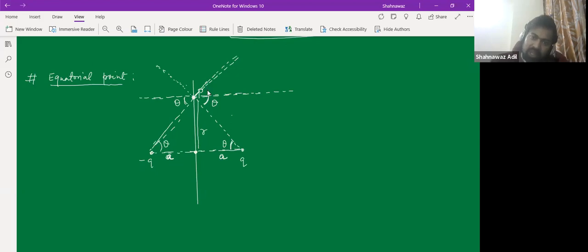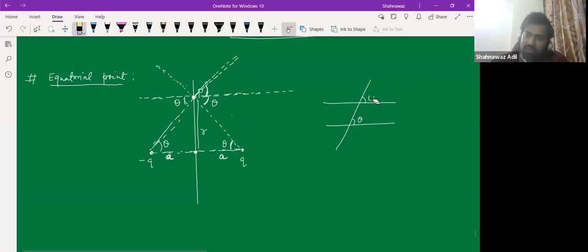So what would be this angle? If you have these two parallel lines and I have this angle as theta, what would be this angle? Sir, theta. Yeah, right, corresponding angles. So this is theta, so this would be theta. What would be this angle?